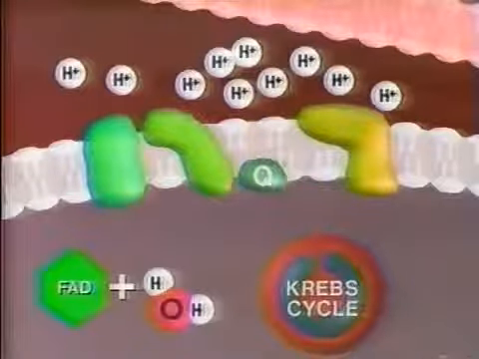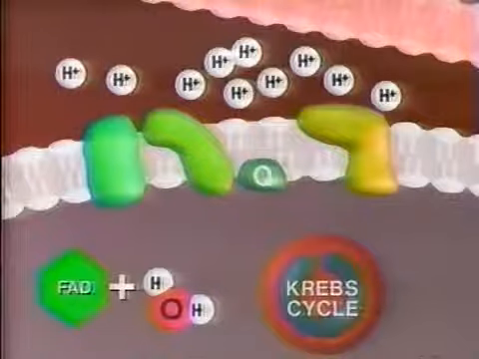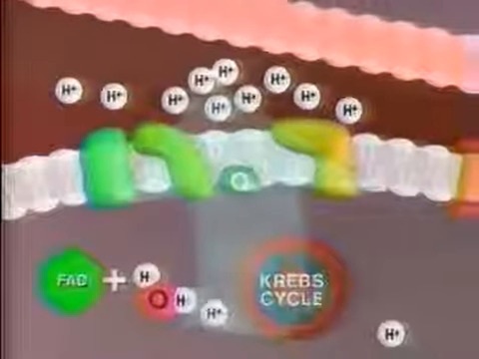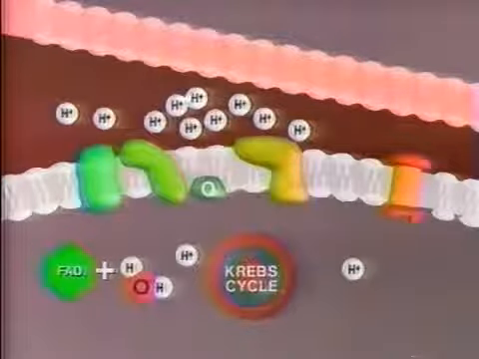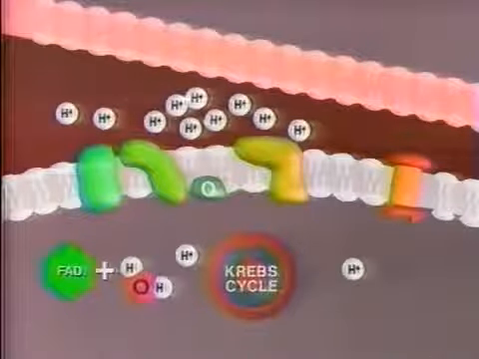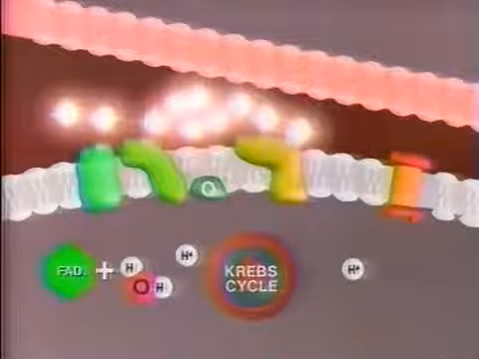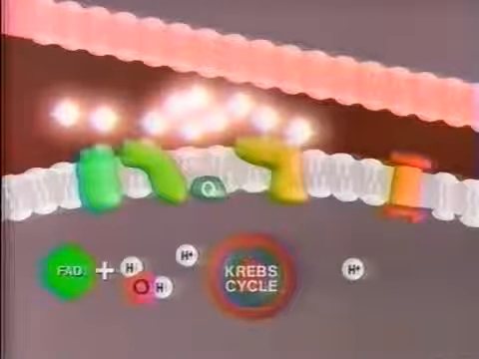So far, the energy from NADH and FADH2 has been used to pump hydrogen ions from the matrix to the intermembrane space. As a result, the concentration of hydrogen ions is higher in the intermembrane space than the matrix.